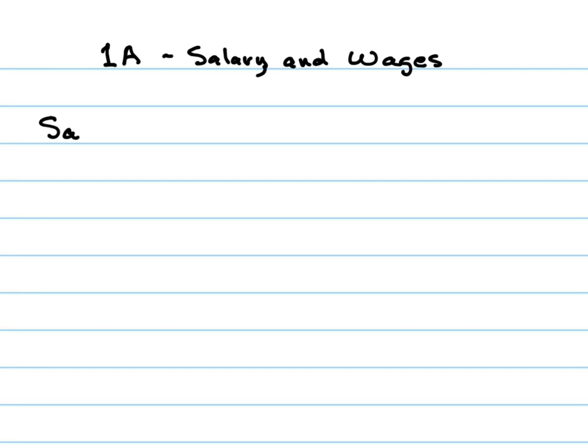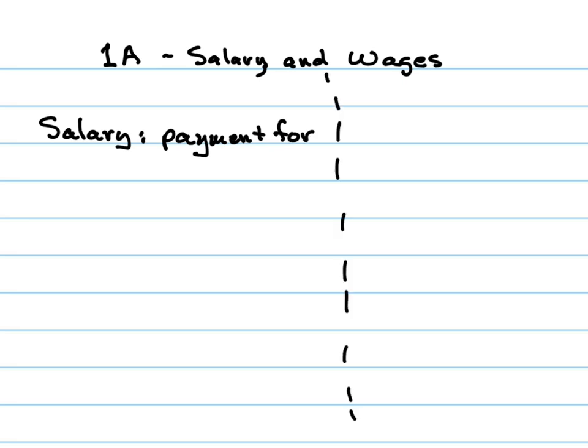So the first one we're going to talk about is salary. Now this is pretty much the easiest one. So salary is simply payment. Again, remember split page note-taking system. Payment for a year's work. Now, of course, they're not going to pay you all at one time.